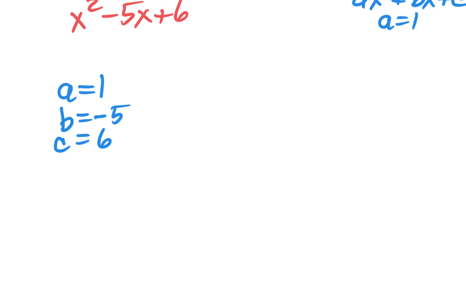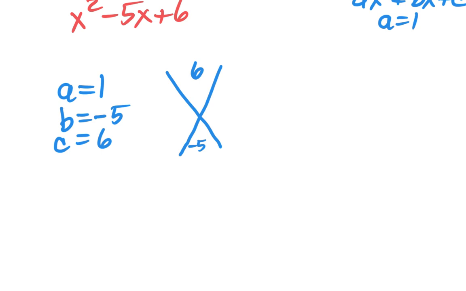Okay, so let's draw our x factor tree. We have A times C. A is 1, C is 6. So anytime we are doing a leading coefficient of 1, really that's just going to be the value of C. So we have 6, and B is a negative 5.